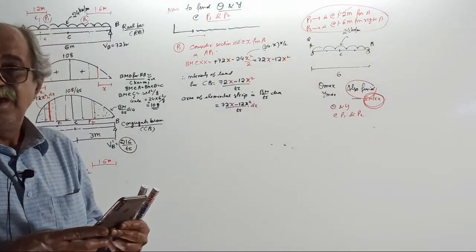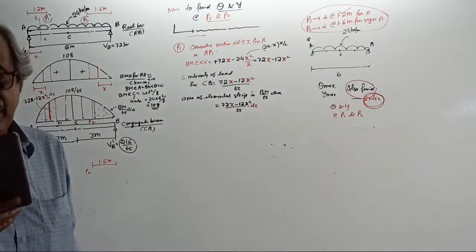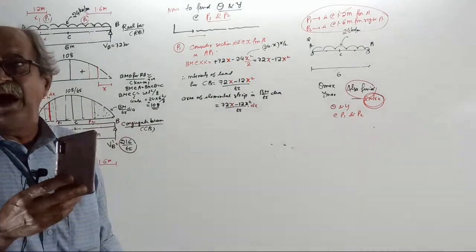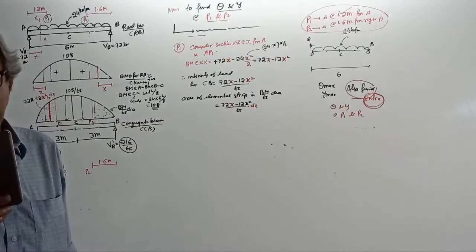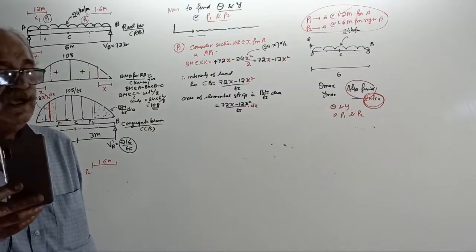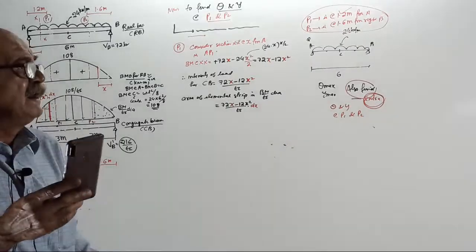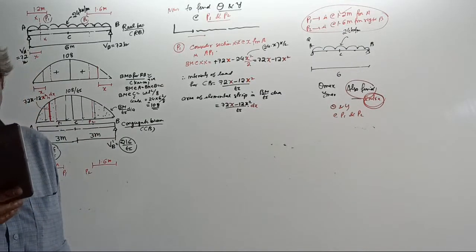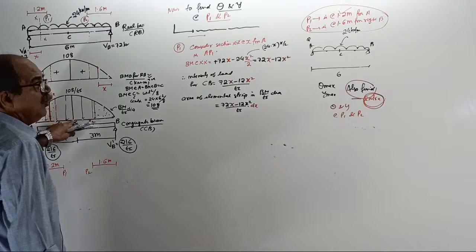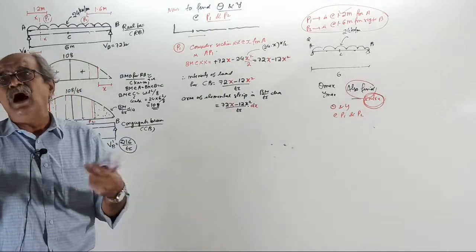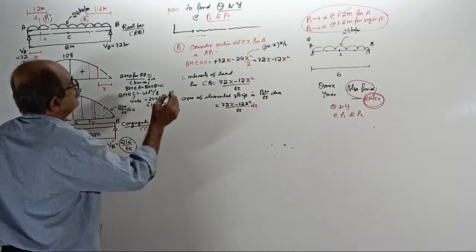Yes, you will get the same, but don't do it. Why? If you want the area from here to here, why do you want integration? You have the formula 2/3 base into height. Here the formula is not there. Okay, that's all. This is for P1.